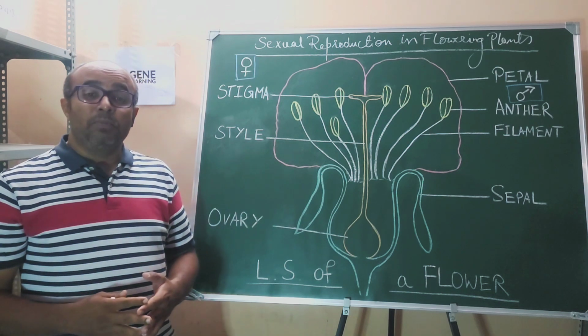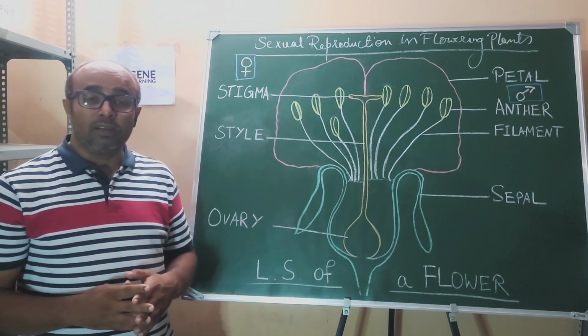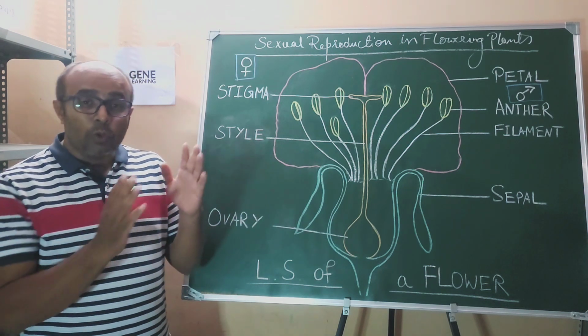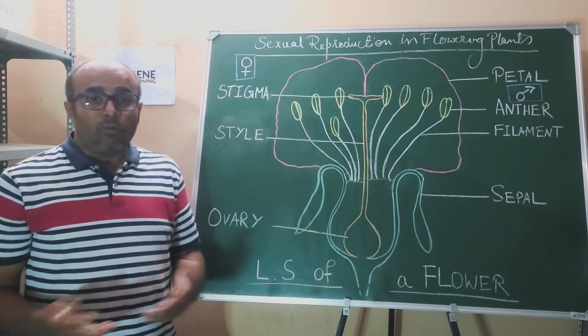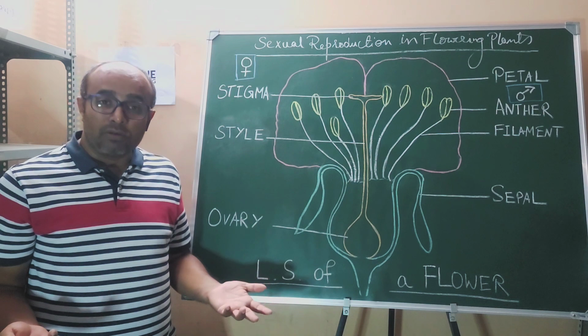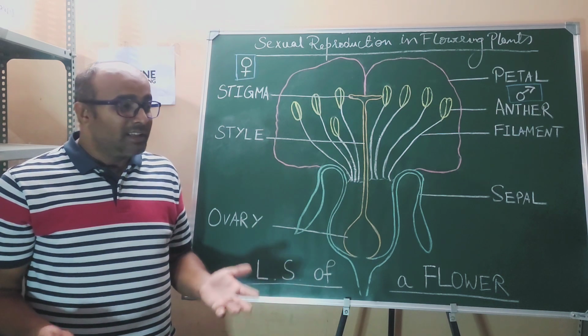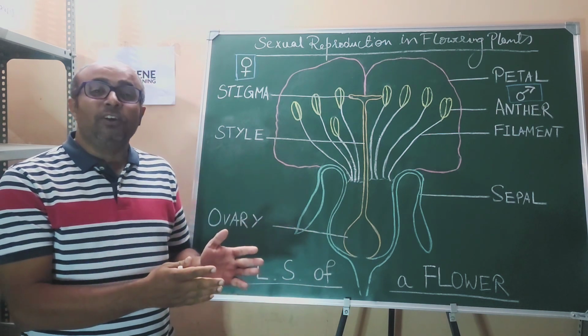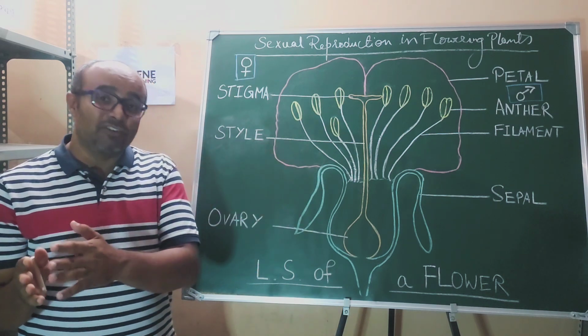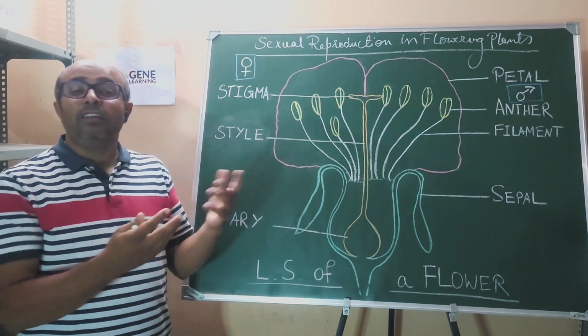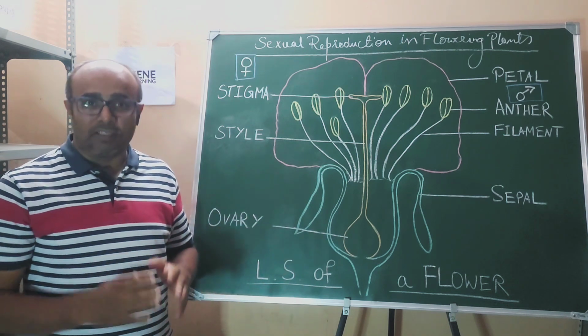And there is another type which is even more peculiar. We call those plants either male plants or female plants. Now what is this all about? The reason they call it a male plant or female plant is because of the flowers which are produced in that particular plant.